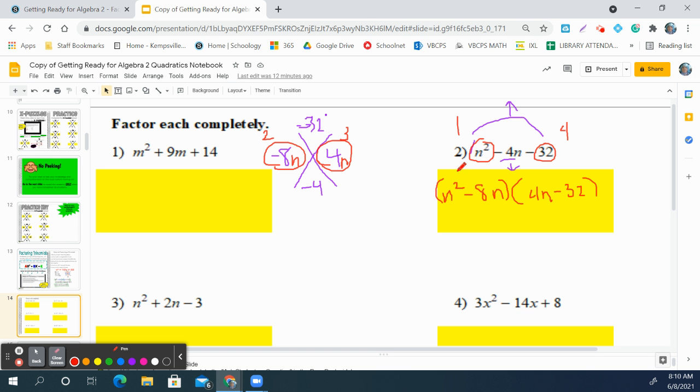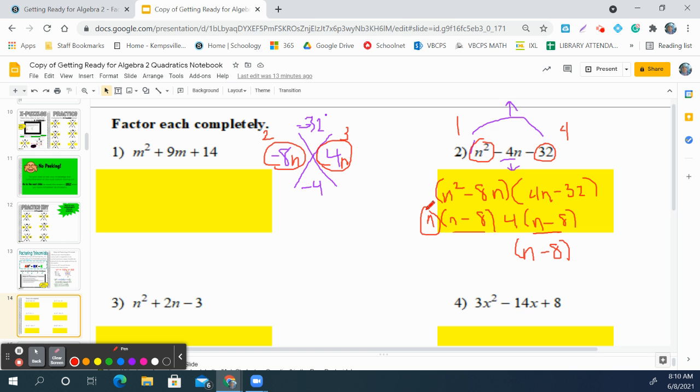So now what can I take out of that first set of parentheses? N. And what's left over? N minus 8. And then what can I take out of the second set? 4. You know you've done it right because your parentheses match. So that parenthesis comes down and gets consolidated into 1.